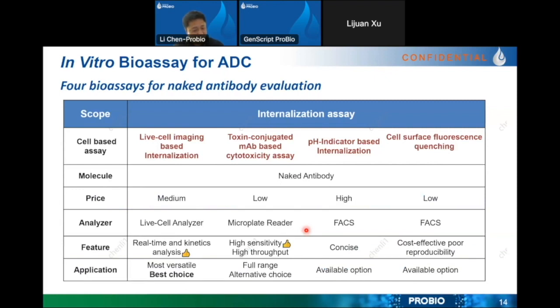The DT3C toxin approach is also capable of high throughput and relatively low cost, making it an alternative option. The pH indicator is relatively expensive, while the fluorescence quenching method is not as good as the others in terms of reproducibility.